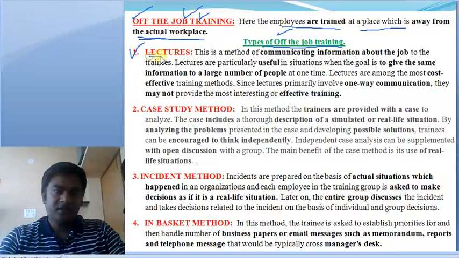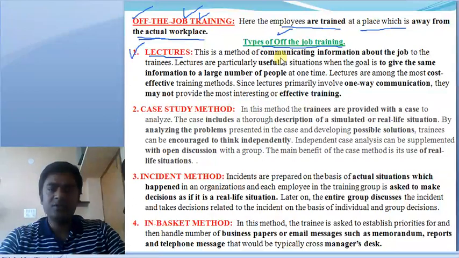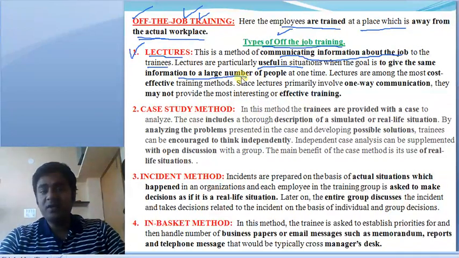First method is the lecture method. I think this is a very simple method. In this method, information about the job is communicated to the trainees. This is useful when the objective of training is just to give information to the employees, where the number of employees is large, and the information is given at one time.